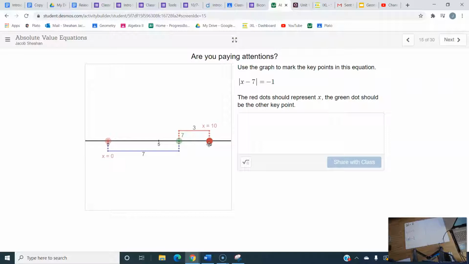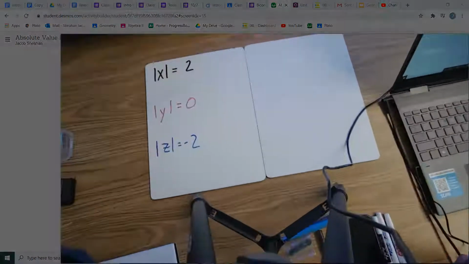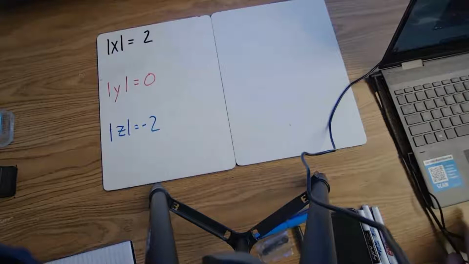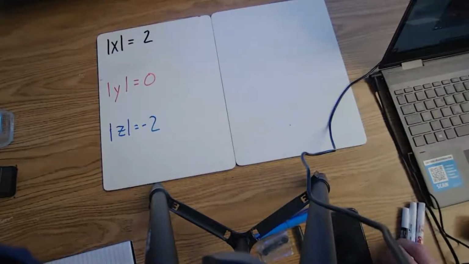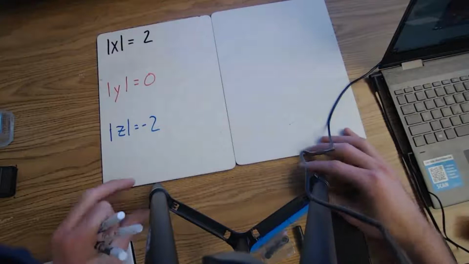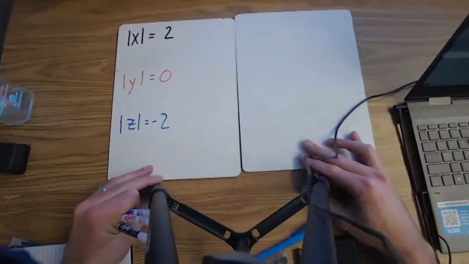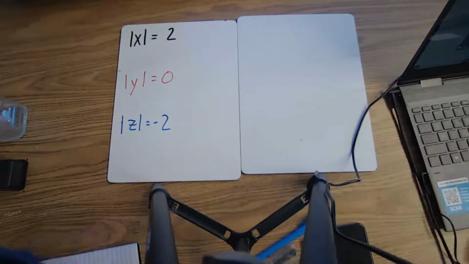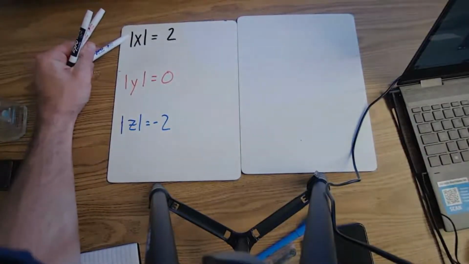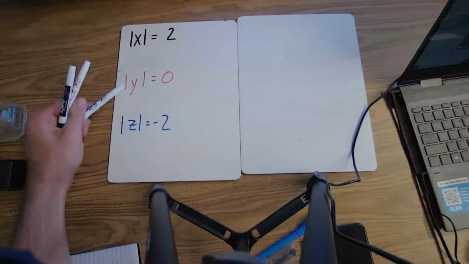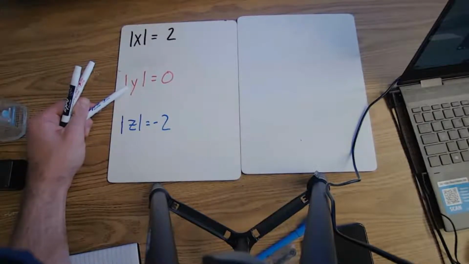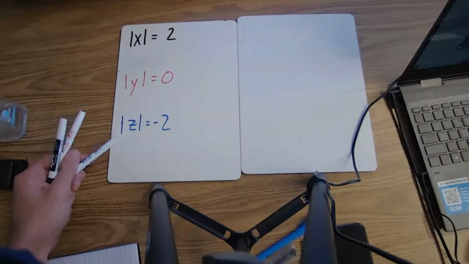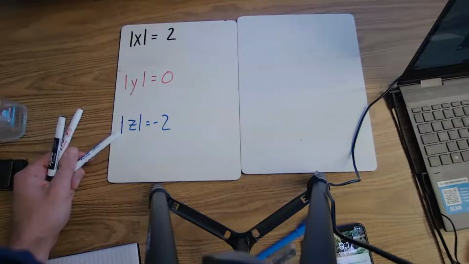Okay? So, what you'll notice is that there's 3 possibilities for absolute value equations. We could have it equal to a positive number, we could have it equal to 0, or we could have it equal to a negative number. Alright?